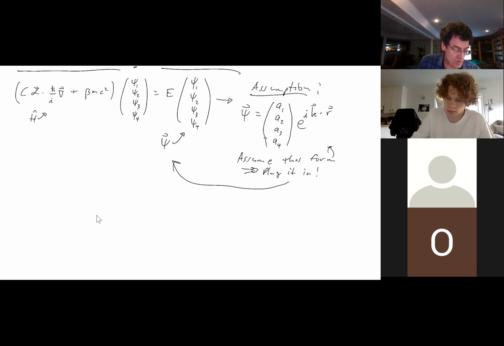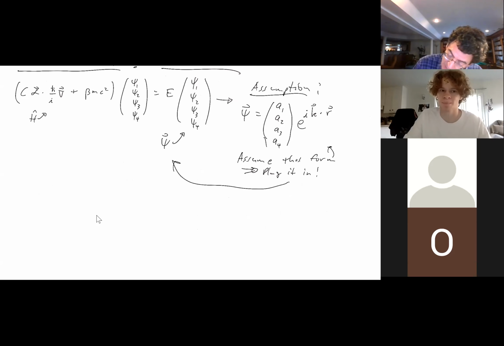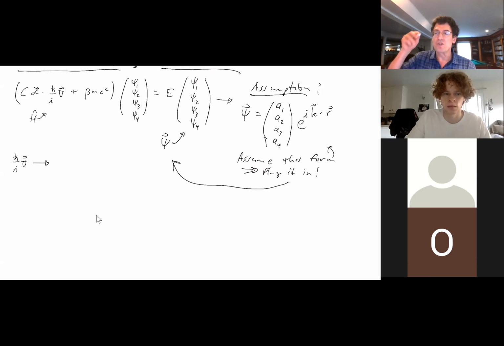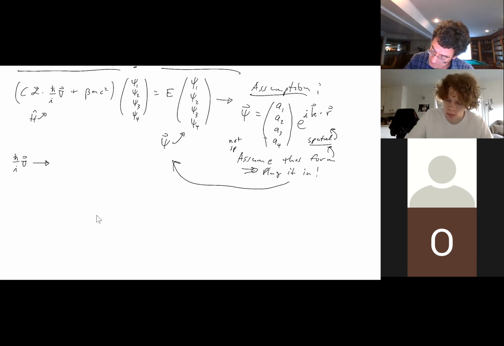And when we do that, we're going to get this. You notice that the h bar over i del is going to act on the spatial part. We're going to assume that A1 through A4 are not the spatial part, but the e to the i k dot r is the spatial part.